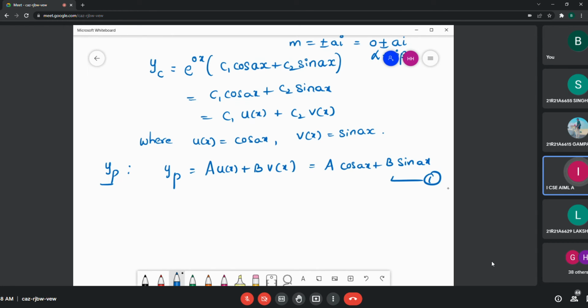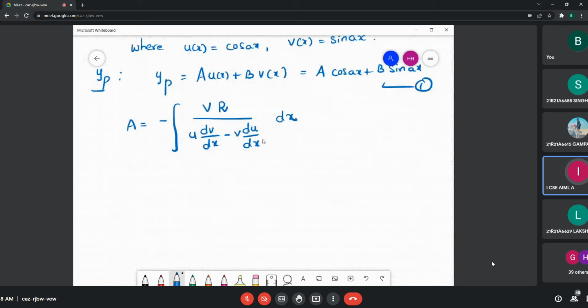Now we have to find the values of A and B, where A is equal to minus integral of v into R divided by (u dv by dx minus v du by dx) dx. Before finding this value, we have to find the determinant.